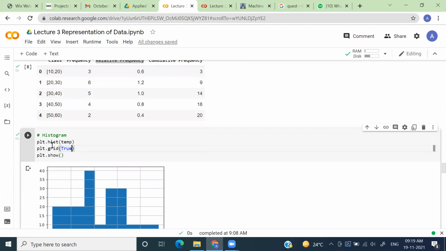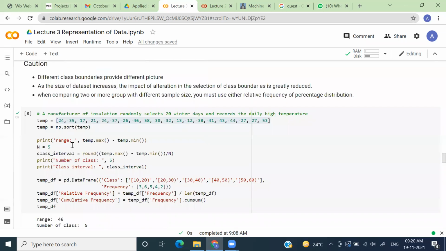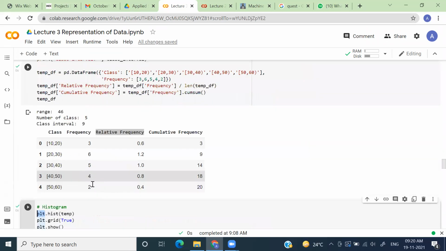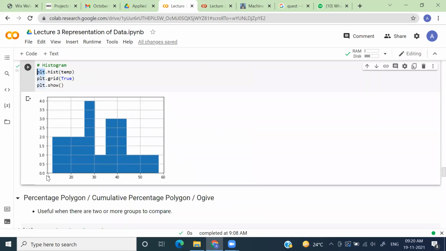We showed matplotlib day before yesterday also, and we have the alias plt. From matplotlib, I'm invoking a function called hist, which is for histogram. I'm just passing the list which has the temperature of 20 days, and you'll see that this plot is ready.